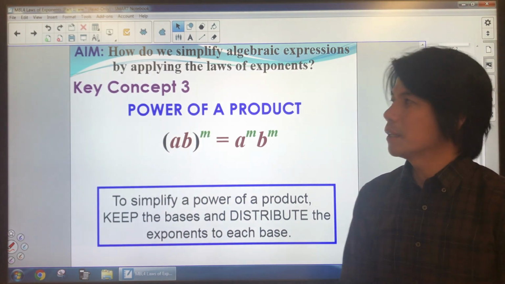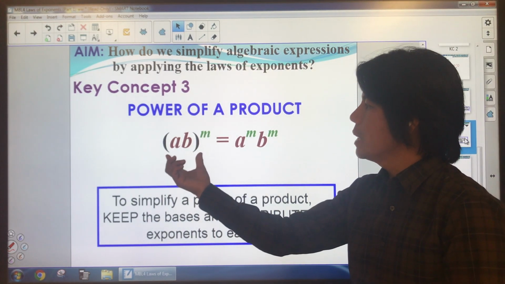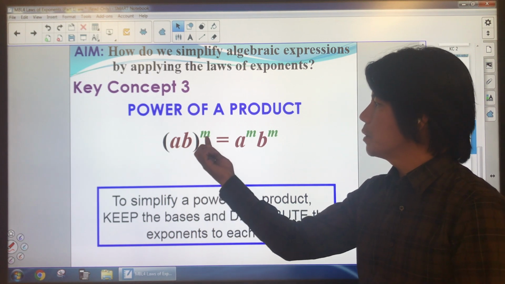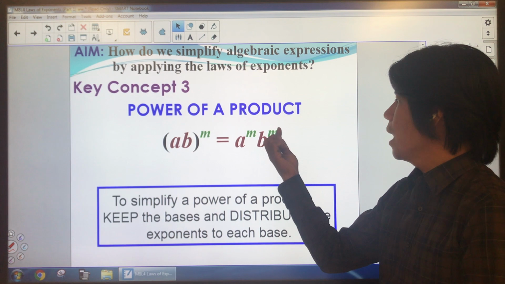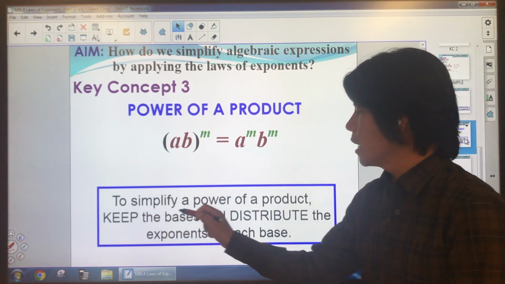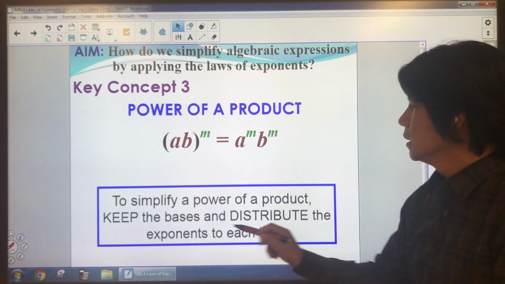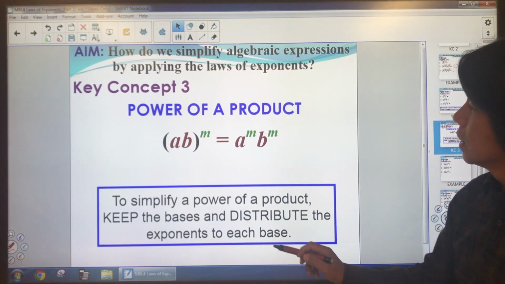Now let's go over with the third key concept, the power of a product. So now we're given a, b inside the parentheses raised to the power of m equals a to the m, b to the m. What happened here? It says to simplify a power of a product, keep the bases and distribute the exponents to each base.